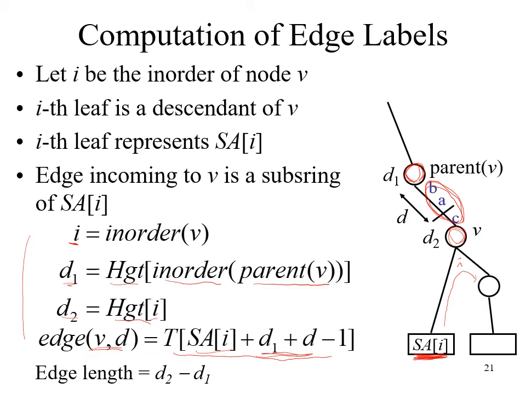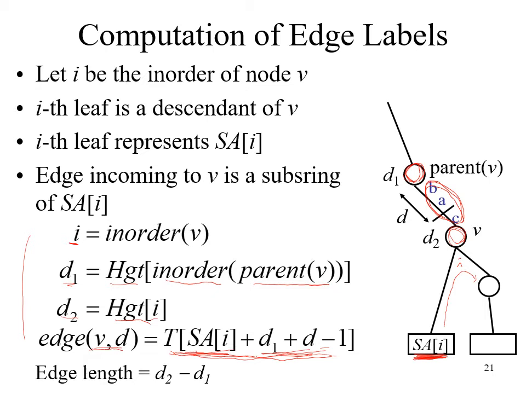So this character is this one. And this character is obtained if we can compute SA[I].